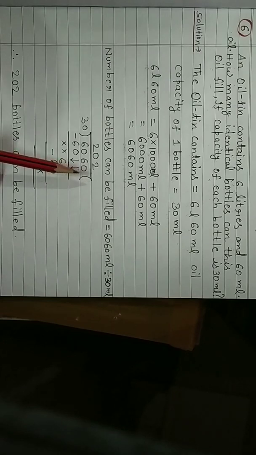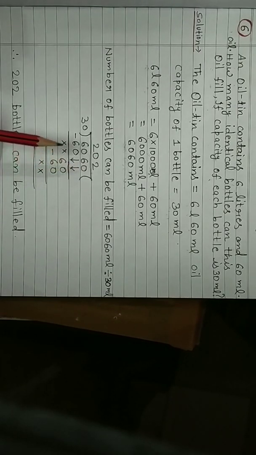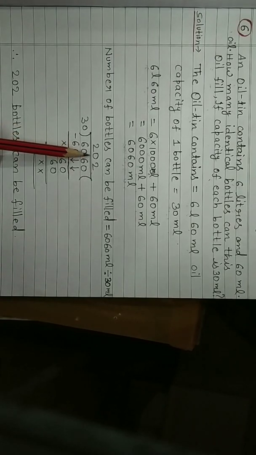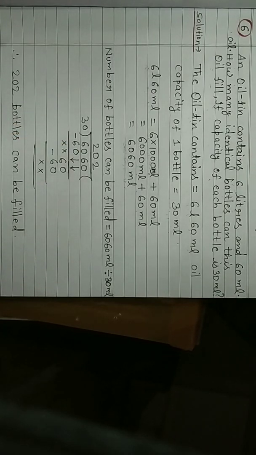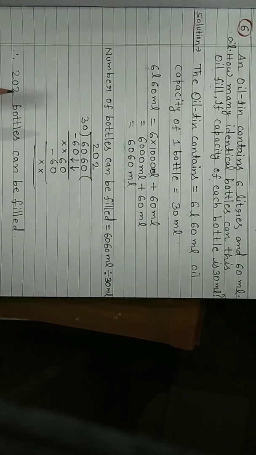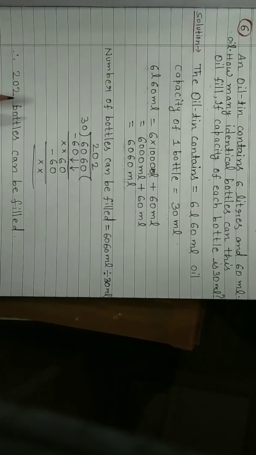Okay, as you already know how to divide the two numbers, so here the answer is 202. Okay, so this is the number of bottles. So at the end I have written, therefore 202 bottles can be filled. Okay, so now this question is done. Thank you.